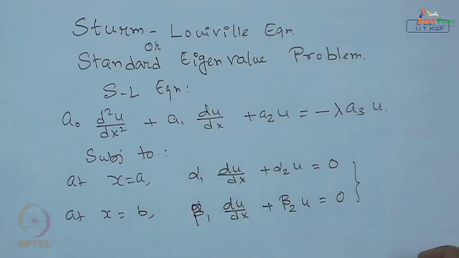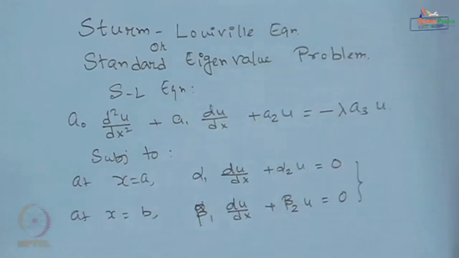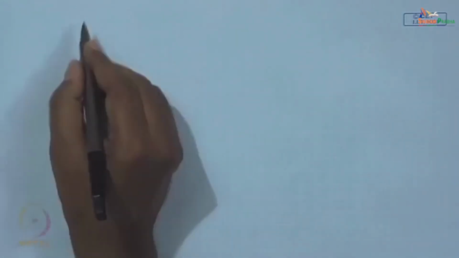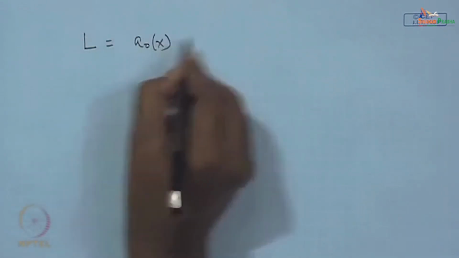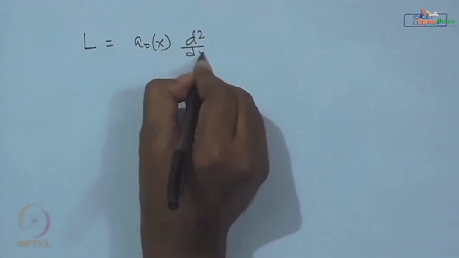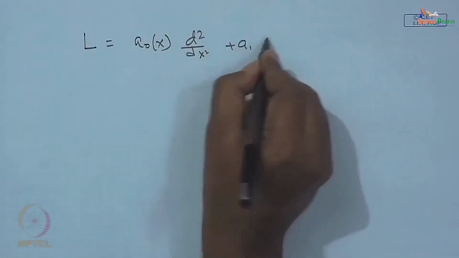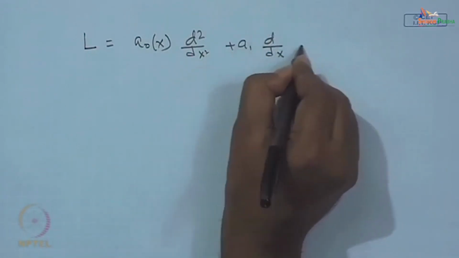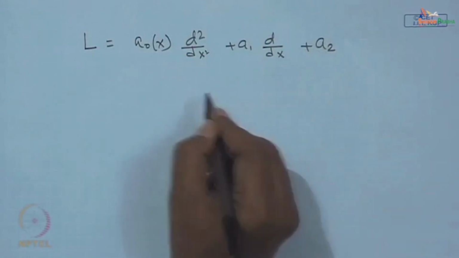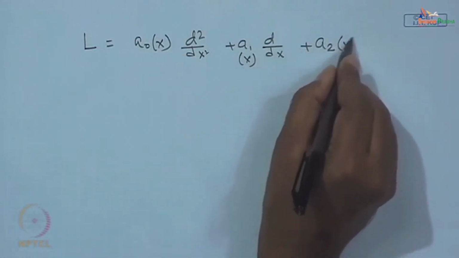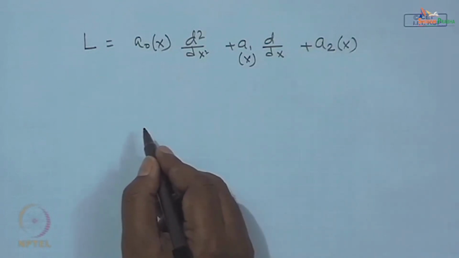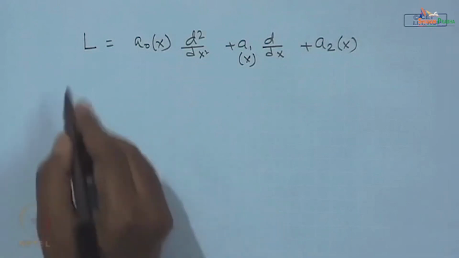So, we can look into the operator. The operator in this problem is nothing but A0 d²/dx² plus A1 d/dx plus A2. A0, A1, A2 are functions of x, and this equation can be written in this form.